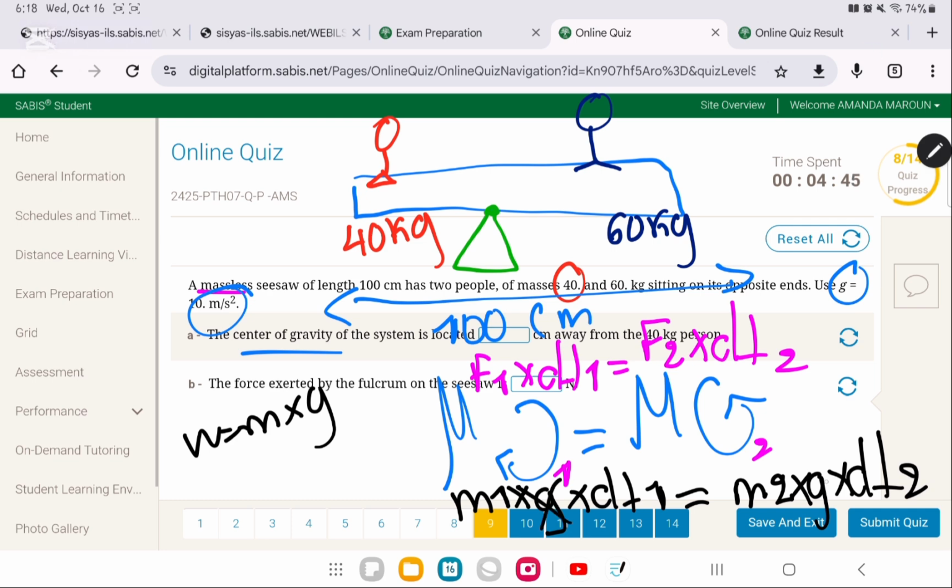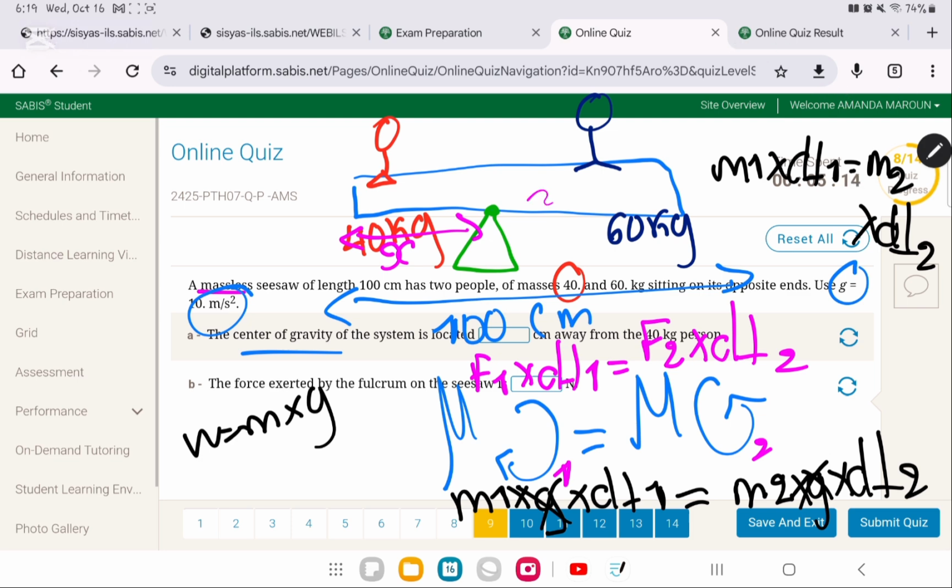We cross G and we cross G. We are left with mass 1 multiplied by perpendicular distance 1 is equal to mass 2 multiplied by perpendicular distance 2. Okay? So, we don't know what is the perpendicular distance from the person to the fulcrum. So we will call this, for example, x. If this is x, then the distance from the boy to the center is going to be 100 minus x, because we know the full thing is 100.